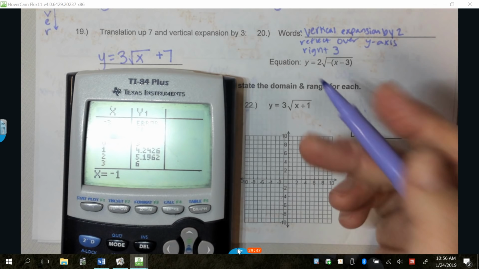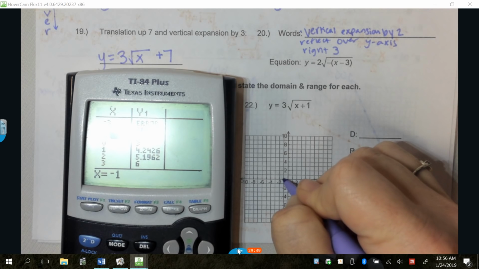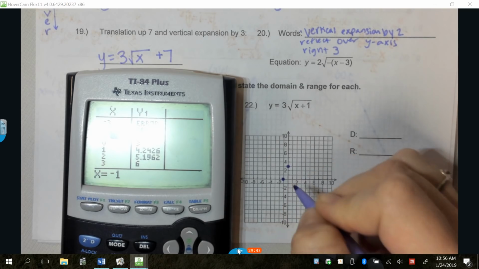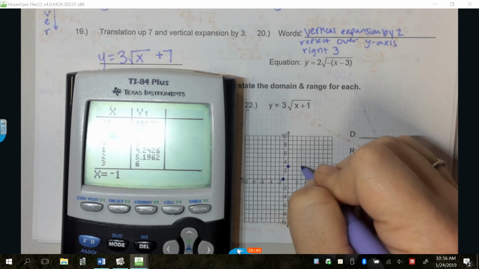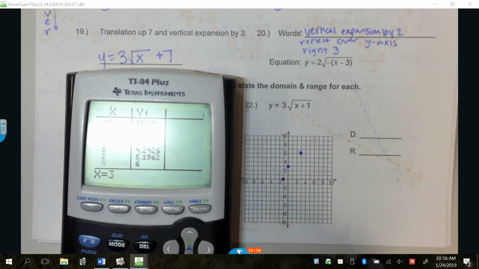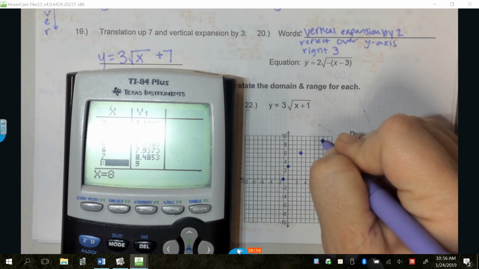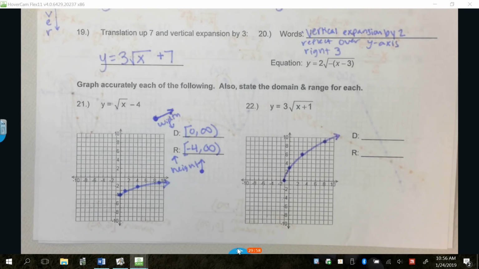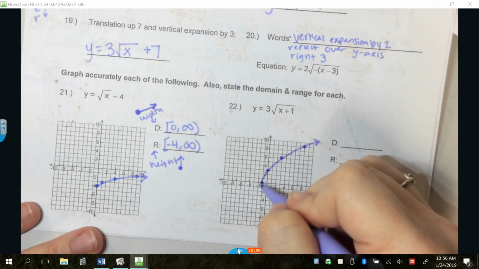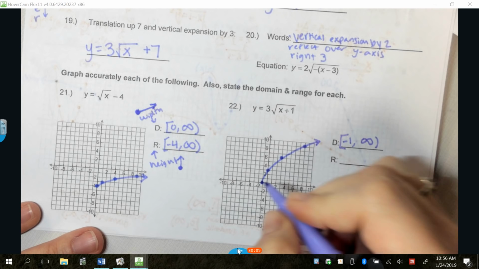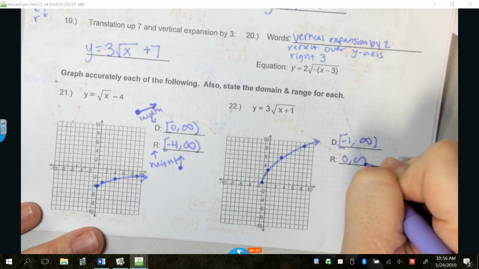So negative 1, 0, 0, 3, 3, 6, 8, 9. Okay, so farthest left is -1, and it goes right forever. Lowest is 0, and it goes up forever.